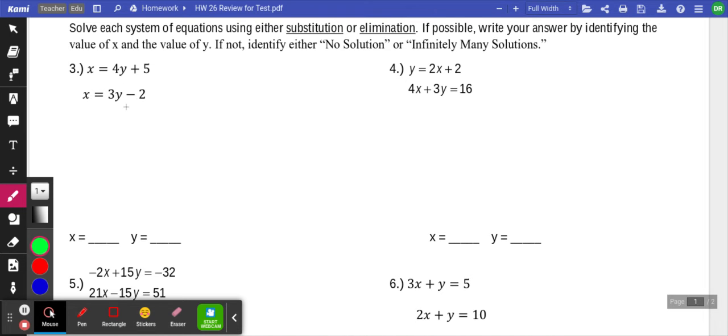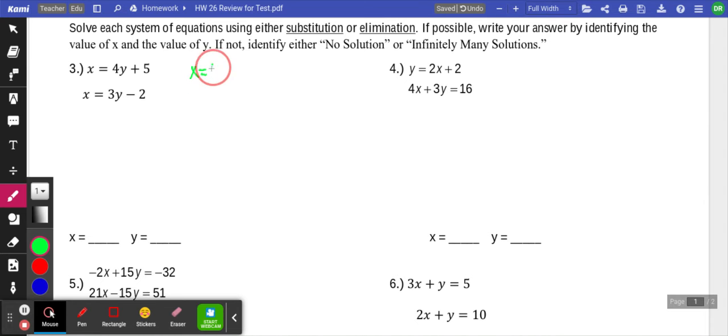So we could use elimination here. If you do that, you'll end up getting a 0 on this side when you cancel the x's. But it is set up for substitution as well because we do have x by itself. So when I look at number 3, I like to think of this one as substitution.